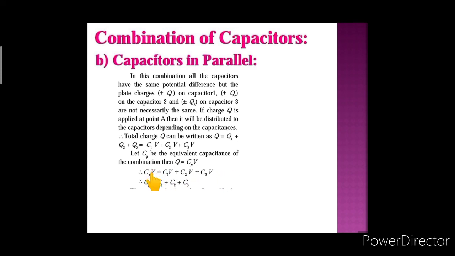So V and V get cancelled, and hence we can write Cp is equal to C1 plus C2 plus C3.